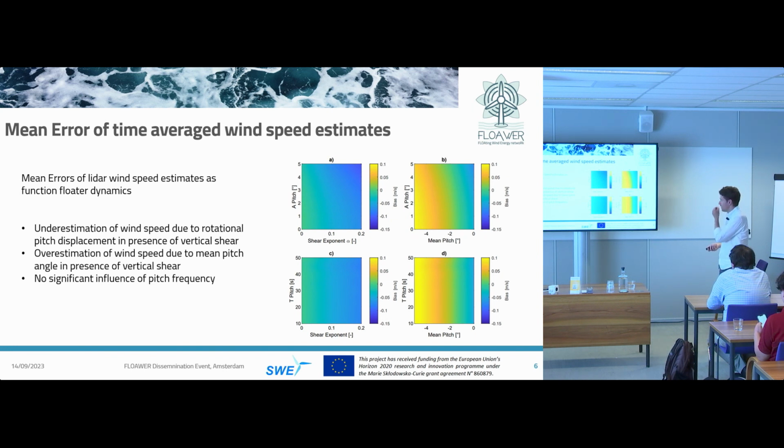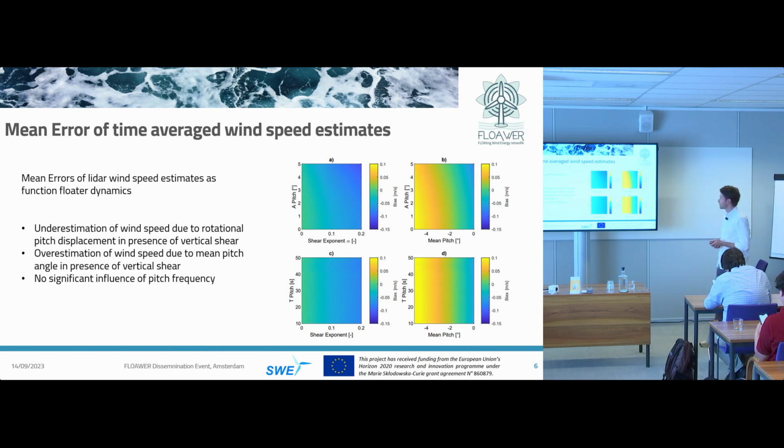So the takeaway from this parameter study is, for the mean error, we have underestimation of wind speed due to the rotational pitch displacement. So the turbine is moving back and forth, looking up and down, and there is basically a coupling coming from the nonlinear shear profile, which ends up underestimating the wind speed.